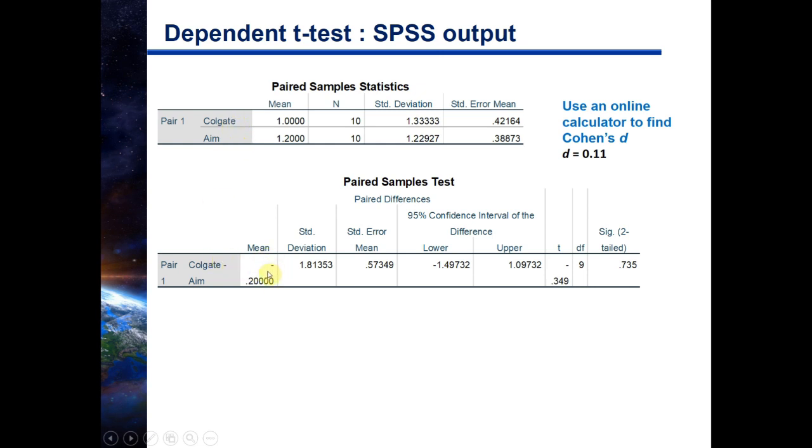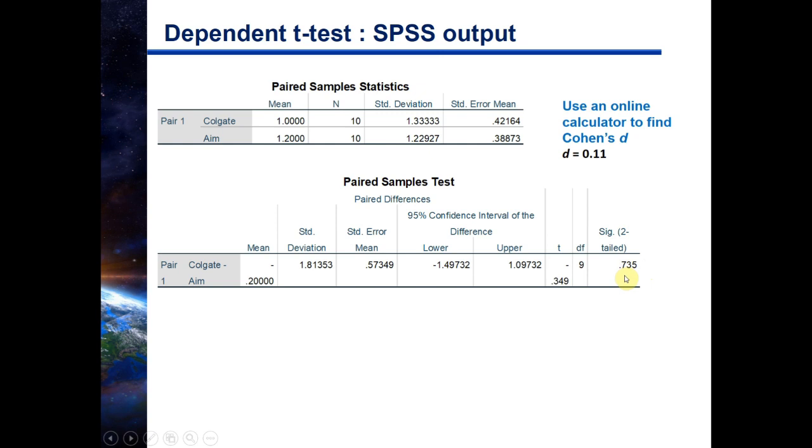So don't worry about whether this is positive or negative. The t-value, again, is going to be positive or negative depending on which group you subtracted from which. So don't worry about this either. But the t-value is 0.35. Remember, we round to 2 decimal places, 9 degrees of freedom, and a sig value of 0.735.